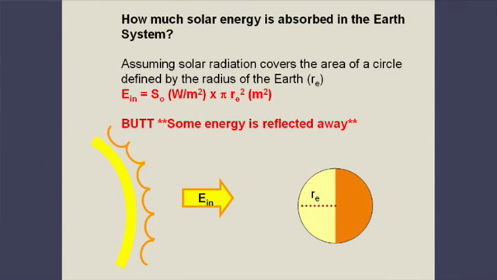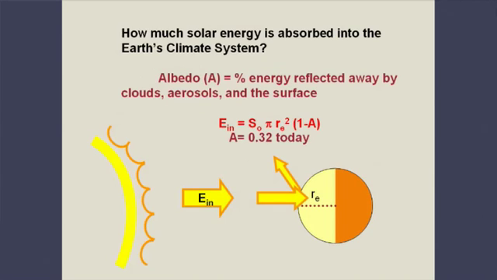Now we want to quantify this balance. So the energy in is the solar constant times pi times the radius of the Earth squared. However, some of the energy is reflected. So we take that into account by using something called the albedo. I have no idea why it's called the albedo.